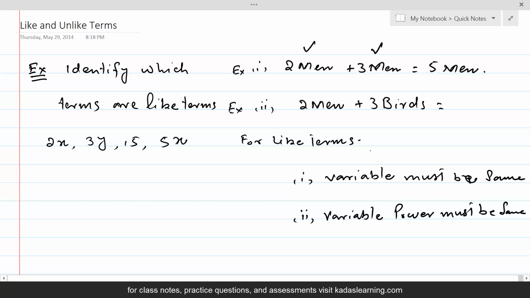Obviously 2x and 5x, this term and this 5x, they are like terms. So 2x and 5x are like terms.